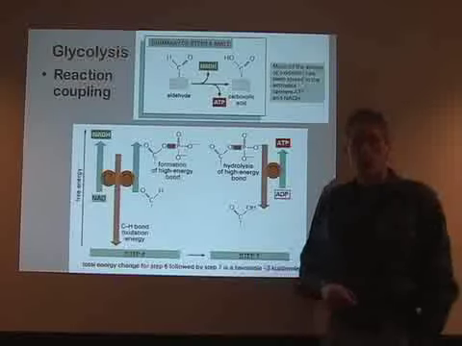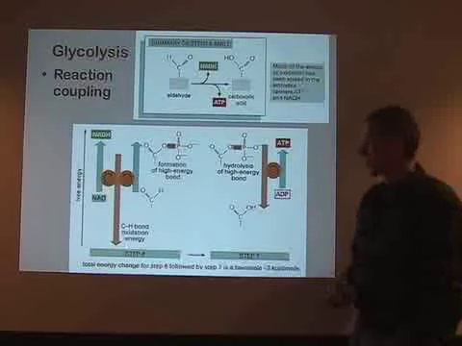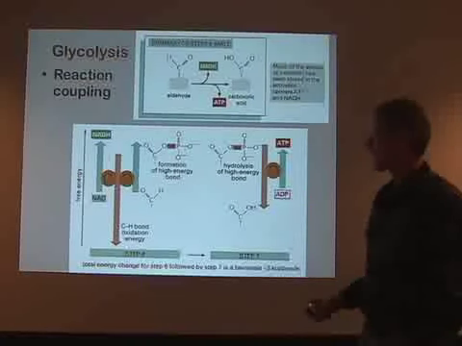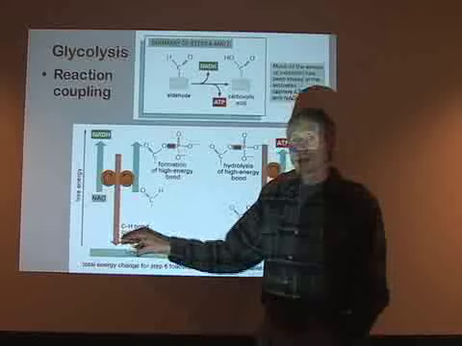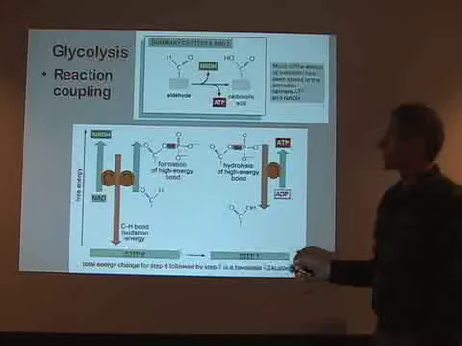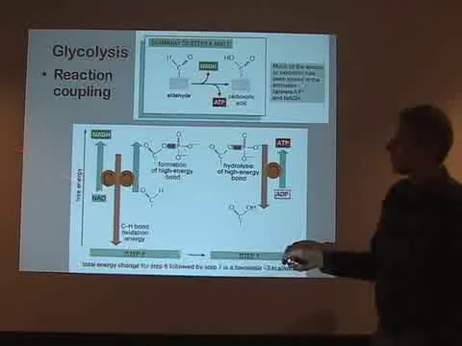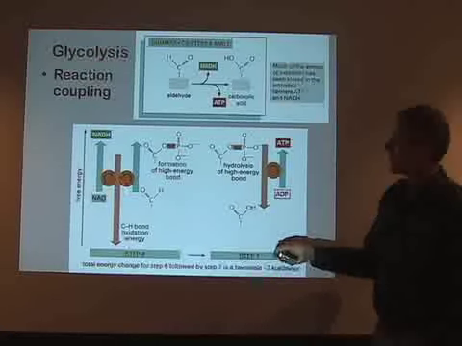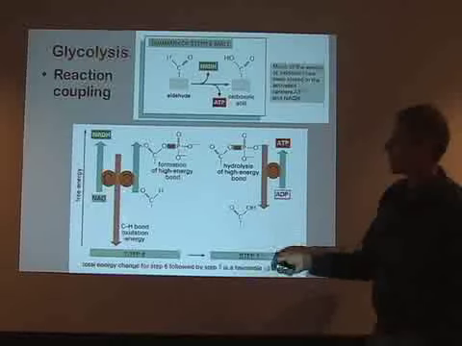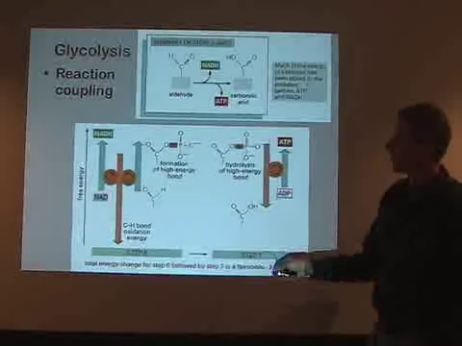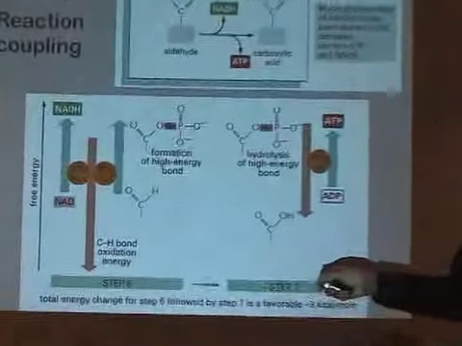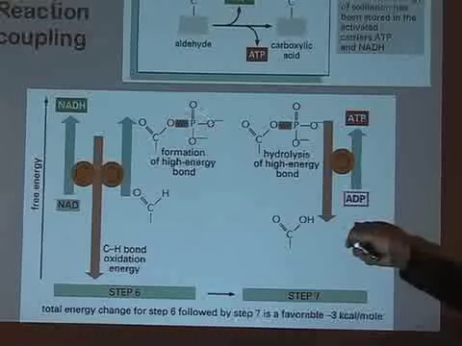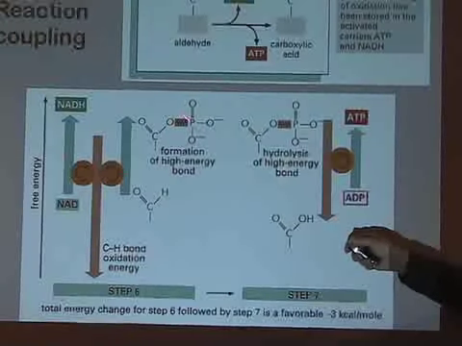So what is reaction coupling? This occurs in a couple of different steps. The first step, the carbon-hydrogen bond is broken, and that energy, that's this arrow here, the energy that's released by this carbon-hydrogen bond being broken, is coupled to forming this high-energy phosphate bond.